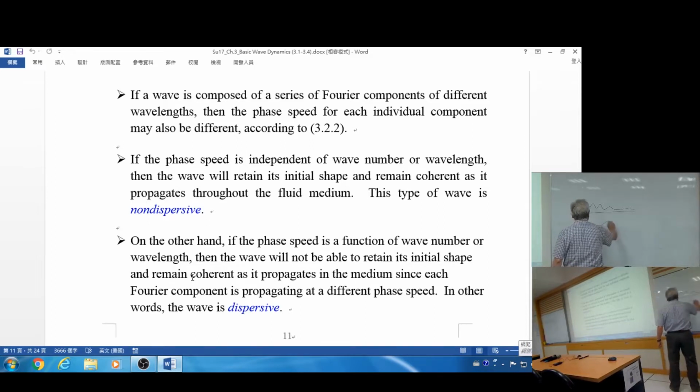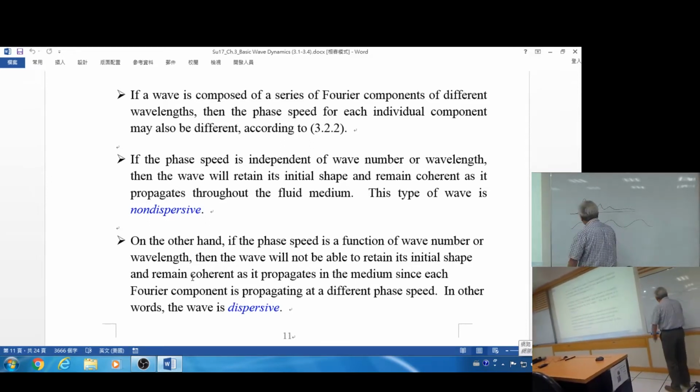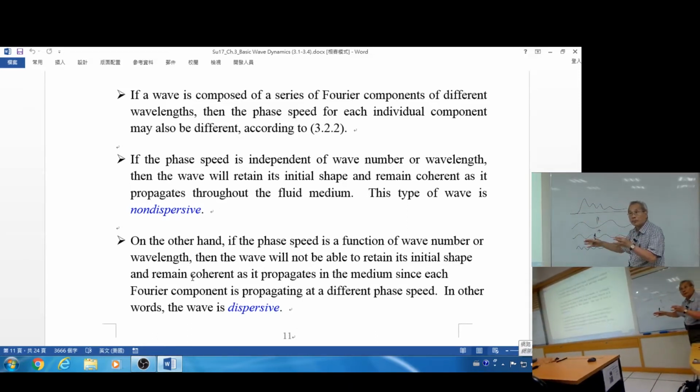They can be combined like this: a longer wave, shorter waves, even shorter waves. They all combine together to equal this one, which becomes this complicated form.